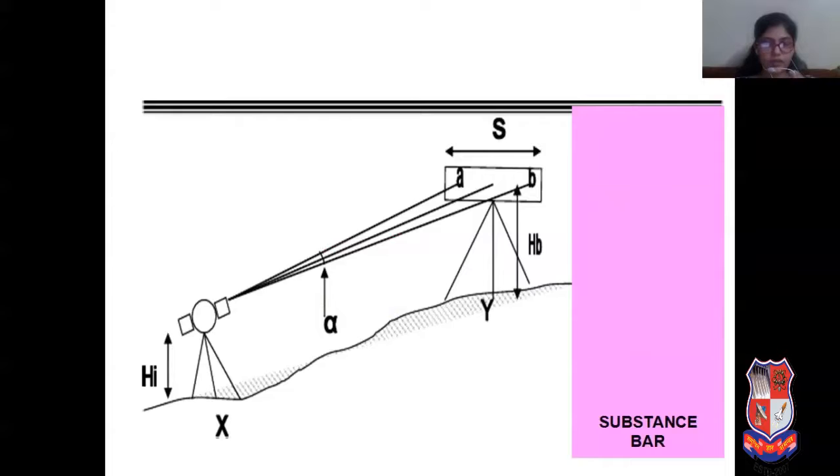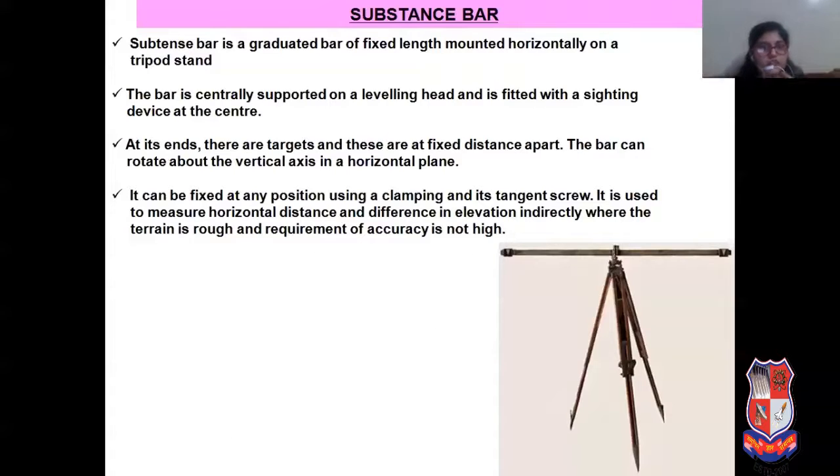The subtense bar. Subtense bar is a graduated bar of fixed length mounted horizontally on a tripod stand. The bar is centrally supported on a leveling head and is fitted with a sighting device at the center. At its ends, there are targets and these are at fixed distance apart.